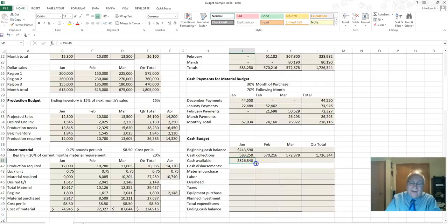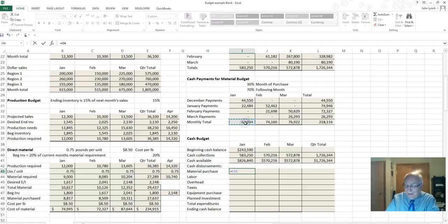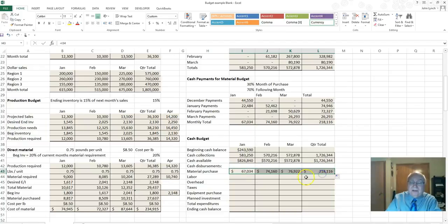And if you want, you can add those across. These totals don't mean anything yet. Okay, that's what we have so far. Materials, that's that total there. That's the material purchase. We can bring that total across.